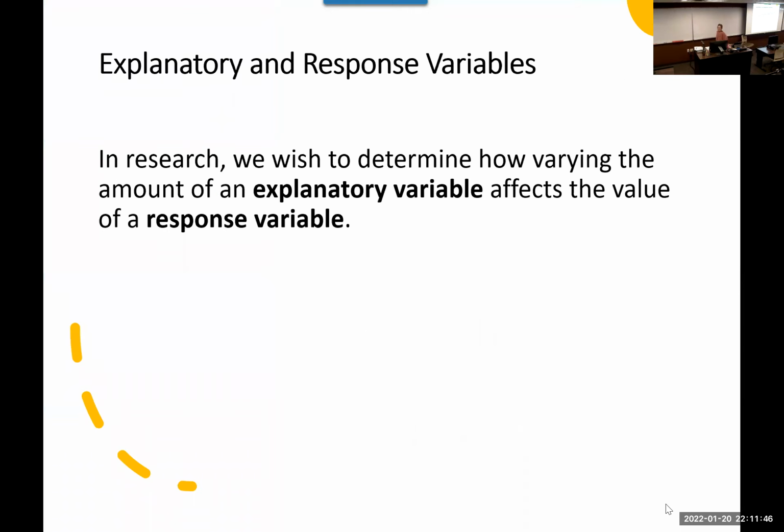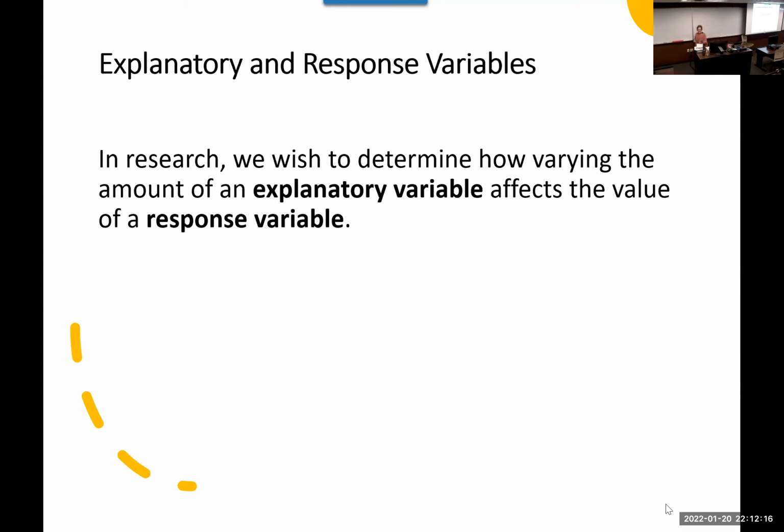In both studies that we're interested in, we've got two new variables that we want to explain. When we do research, we're trying to determine how varying some amount of the explanatory variable can affect the response variable.